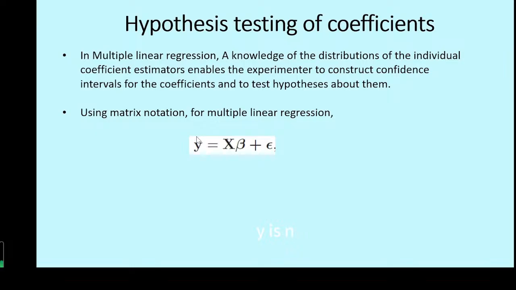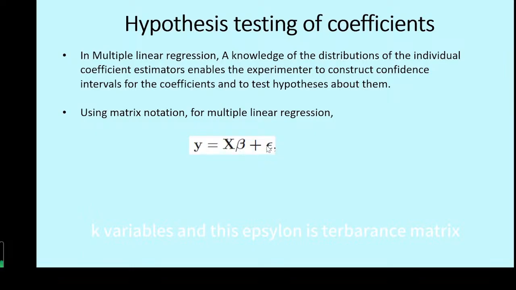Y is n times 1 size of matrix. Actually, it's a column matrix. And X is a matrix with n observations and k variables. And beta is a row matrix with k variables.